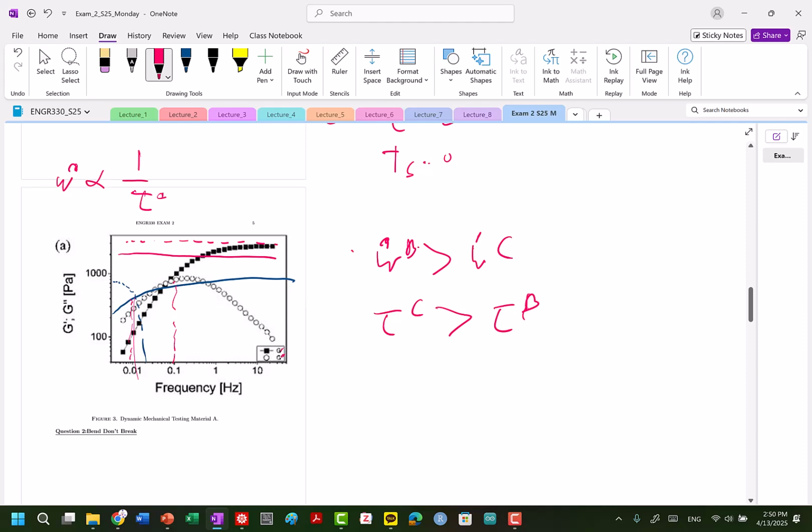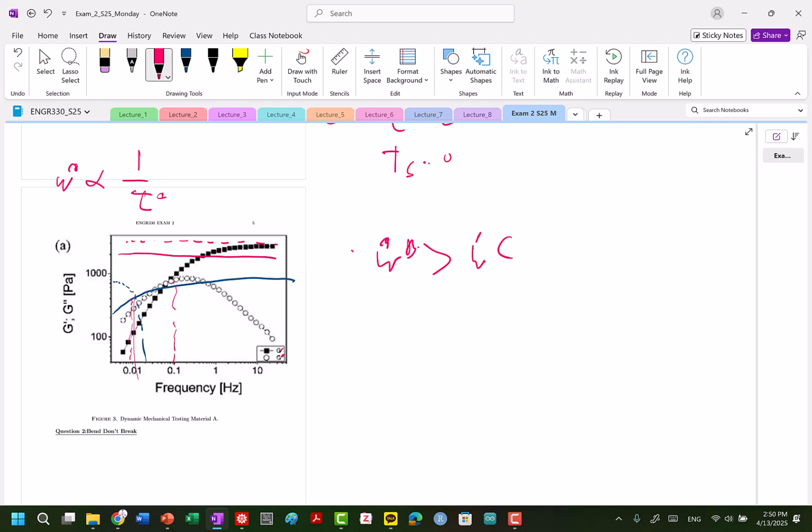That makes sense. So the tau, because omega C is already larger here, to get that has to be, actually, excuse me. I've missed, see, this is the confusing part. So omega is, oh yeah, yes.